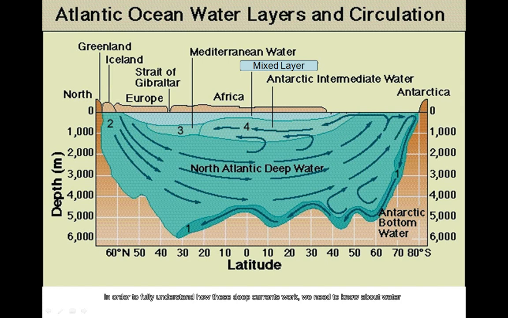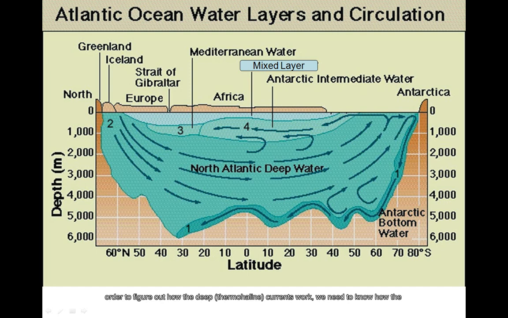Now, in order to fully understand how these deep currents work, we need to know about water masses. Now, a water mass is a region of the ocean where all the water molecules have about the same properties, namely temperature, salinity, and density. Now, water masses will get their properties when they are exposed to the atmosphere at the surface of the ocean. But once they sink beneath the surface, they're going to retain those same characteristics.